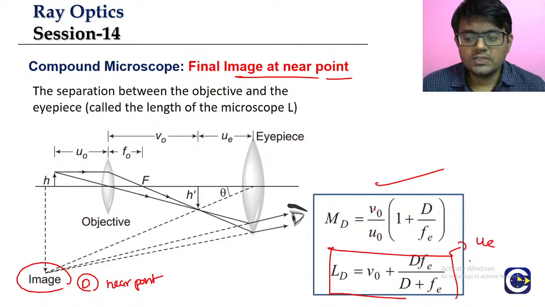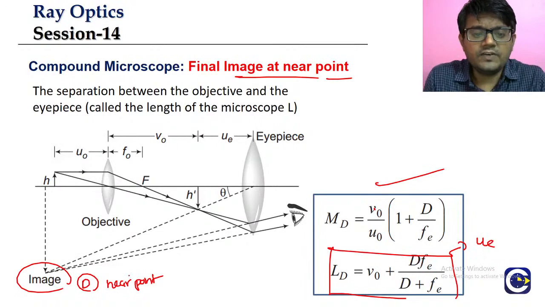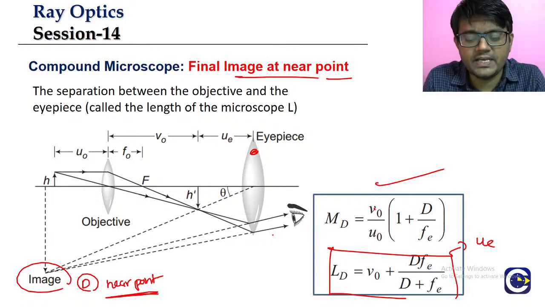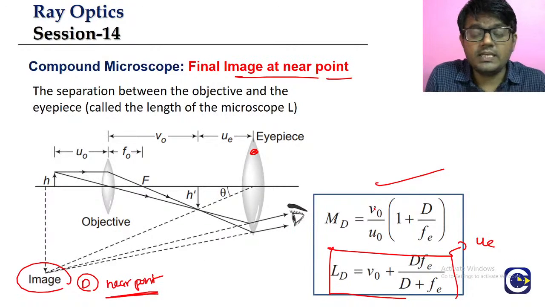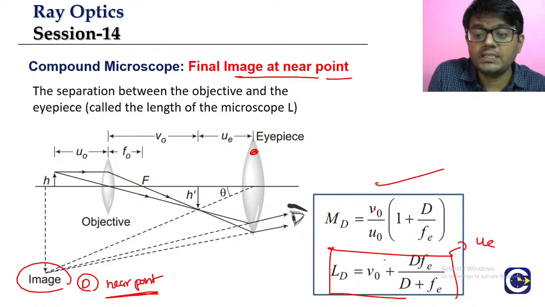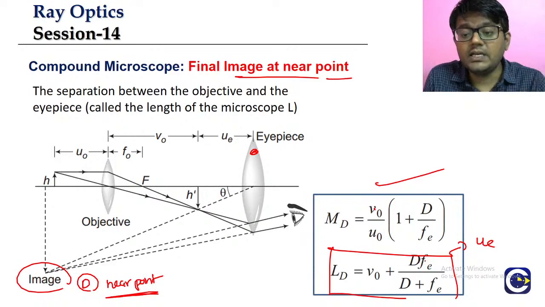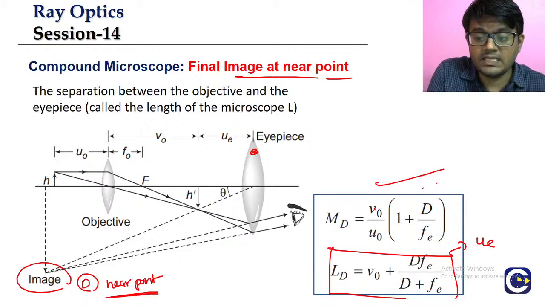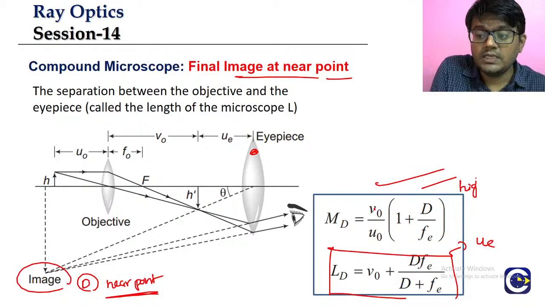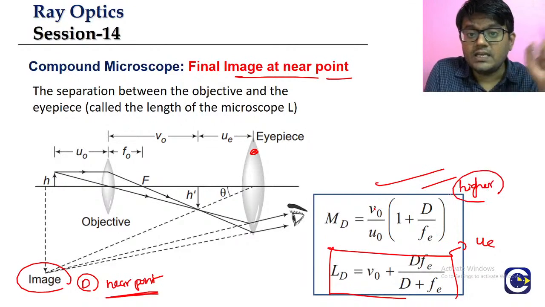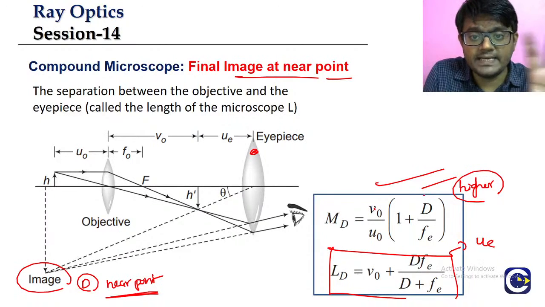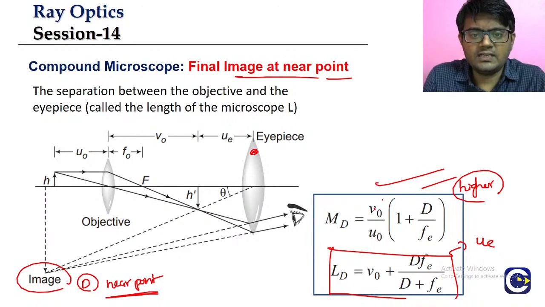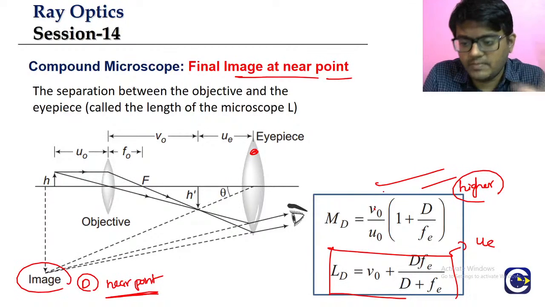This comes from the condition we are using: the image for the eyepiece is formed at the near point. So the length of the microscope in this case is VO plus D into FE by D plus FE. The magnification is higher than the relaxed view, or normal adjustment mode, but again the trade-off is that you have to strain your eye a little bit.